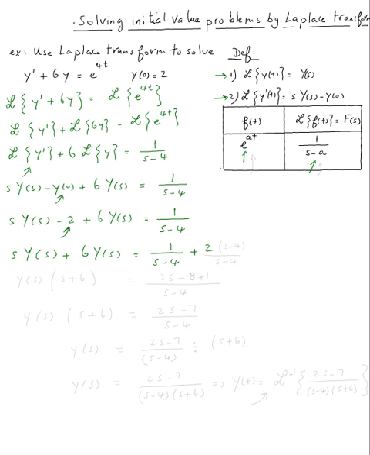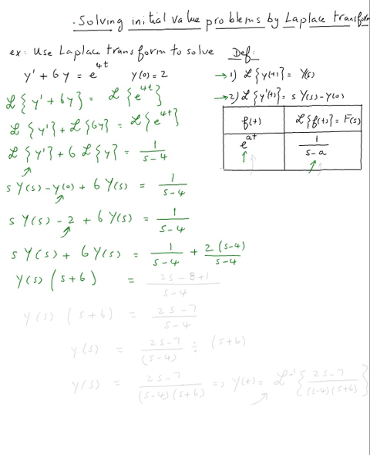Now let's factor y of s. You get y of s times s plus 6, and that's equal to, let's write this as one fraction. We multiply to have the same denominator, multiplying by s minus 4 over s minus 4.